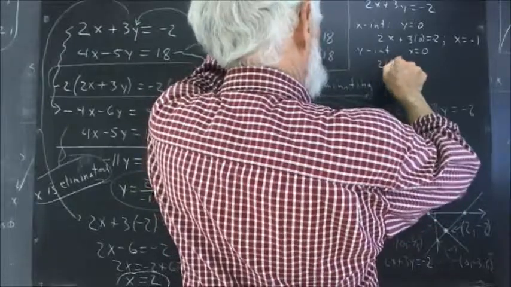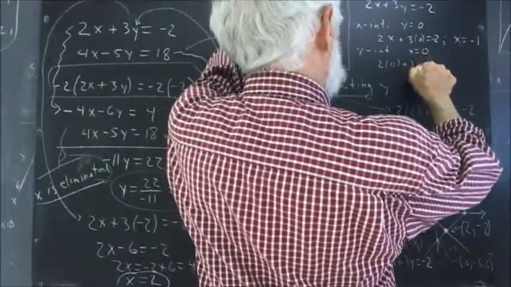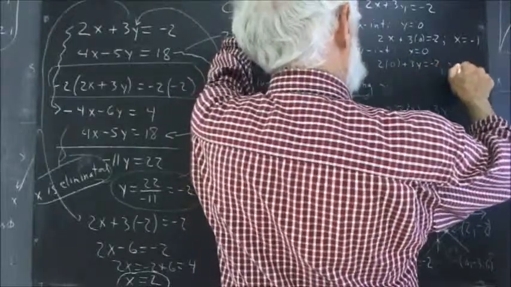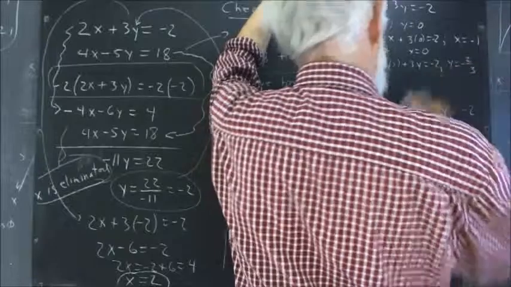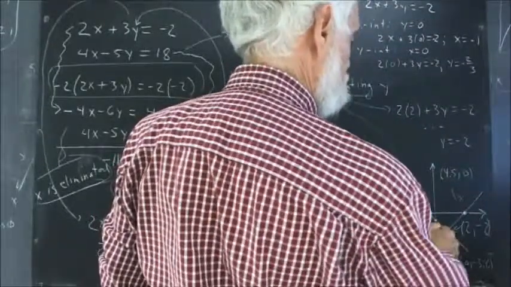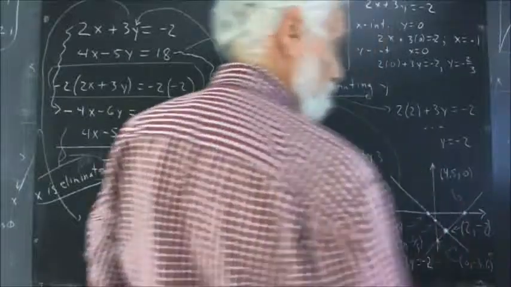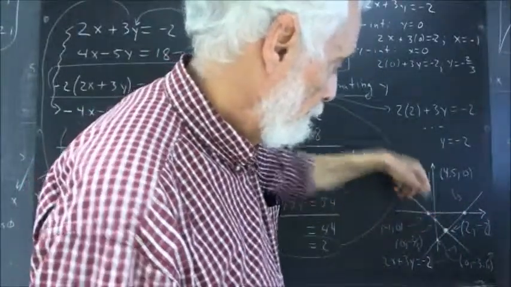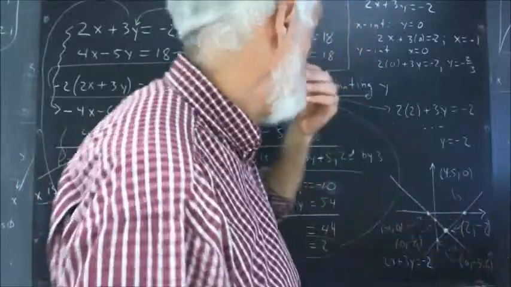And then we get 2 times 0 plus 3y equals -2, which gives us y equals -2/3. We graph those 2 points, (-1, 0) and (0, -2/3), and we can draw a line through those 2 points. There's our straight line.